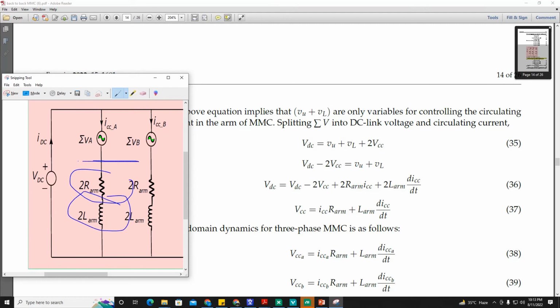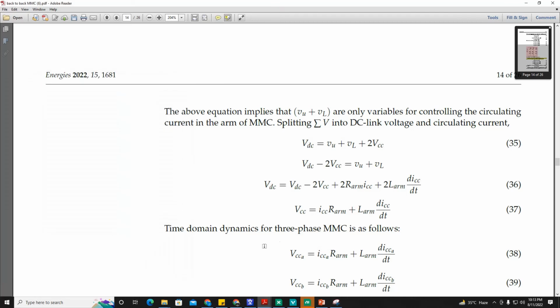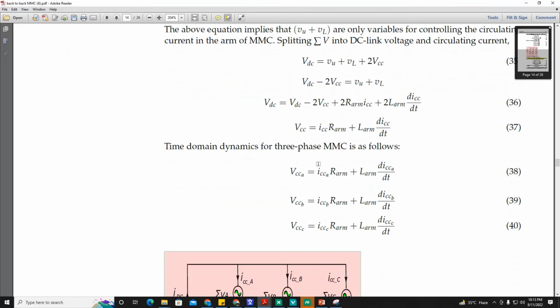If you balance this drop across these inductors, if this potential difference is reduced, then the circulating current will be reduced. If this differential voltage is controlled, this is what I was saying. For the 3-phase MMC we have VCCA, VCCB, VCCC.